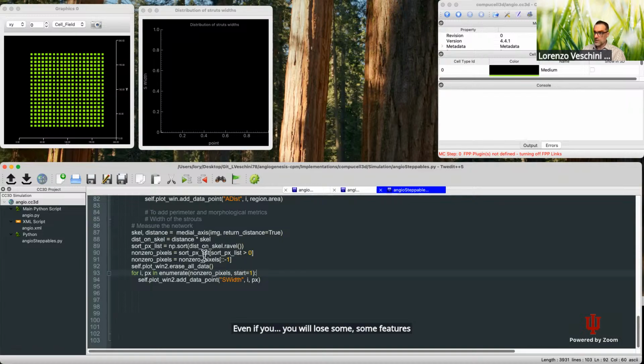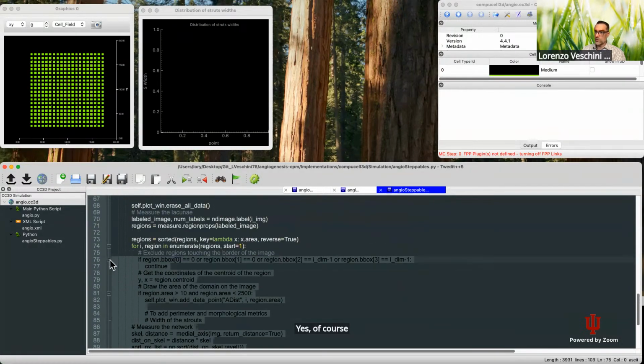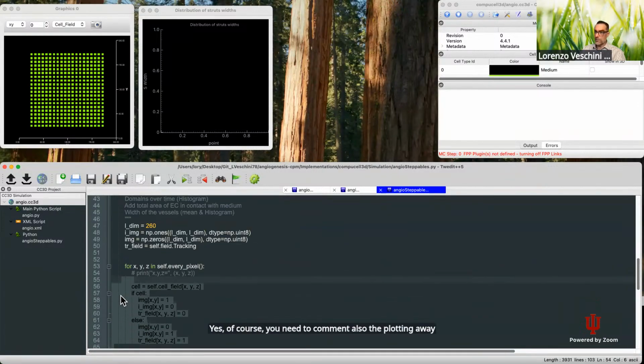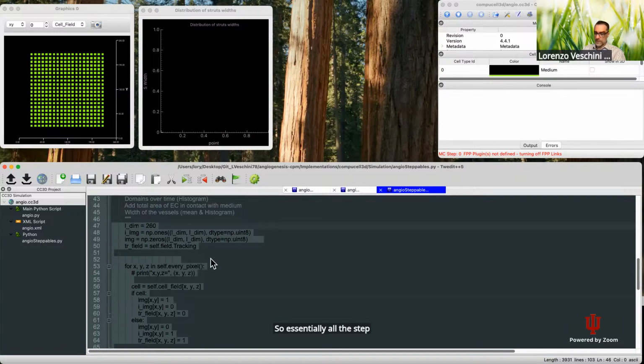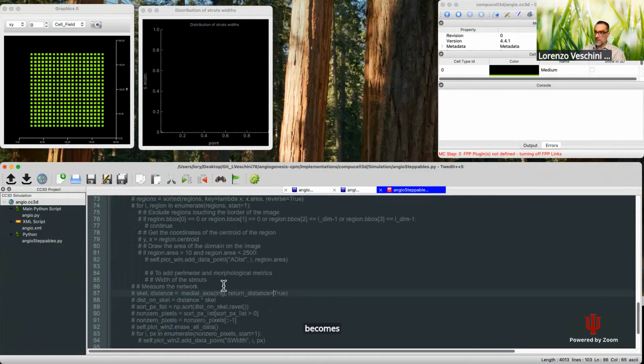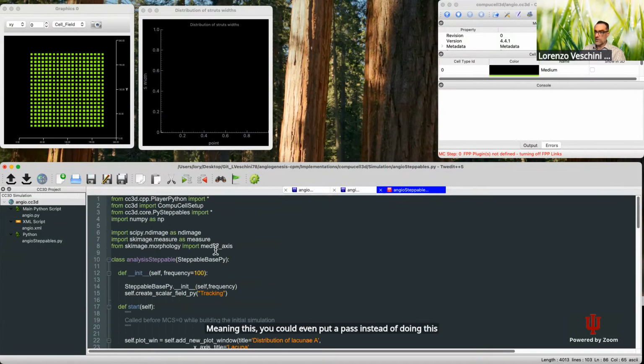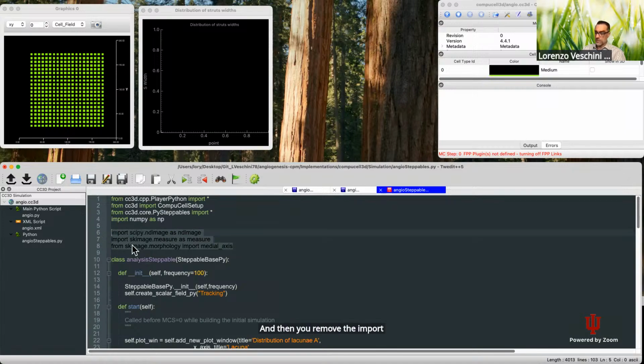Let me see. Yes, of course, you need to comment also the plotting away. So essentially all the step becomes meaningless. You could even put a pass instead of doing this. And then you remove the imports.